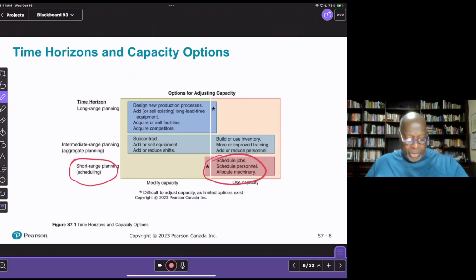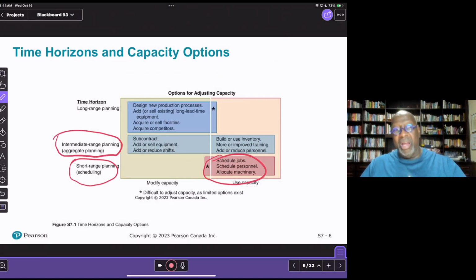But then we often think about intermediate range capacity planning, in which case we're thinking 6 months out, right? Or a quarter. We're thinking of quarter one, quarter two, quarter three, quarter four. So that's kind of more like in the middle there somewhere. We're going to build or use inventory, improve training, add or reduce personnel.